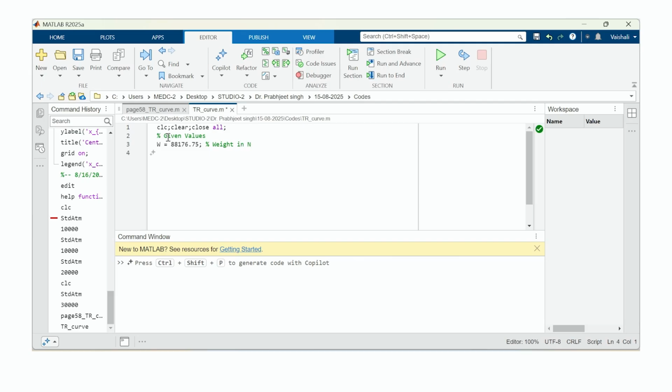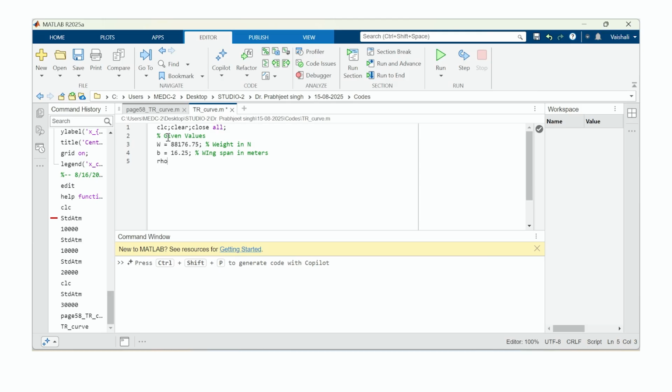Next, span b equals 16.25, wingspan in meters. I am writing this because I will be using it again and again.